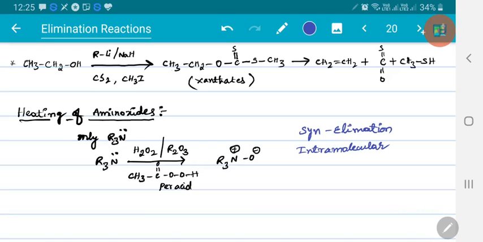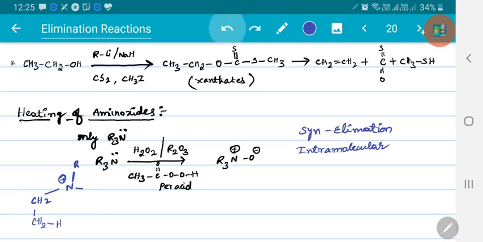Now how does the reaction occur? There must be a beta hydrogen. So let me take CH2CH3, this is the amine oxide having other alkyl groups R without beta hydrogen.